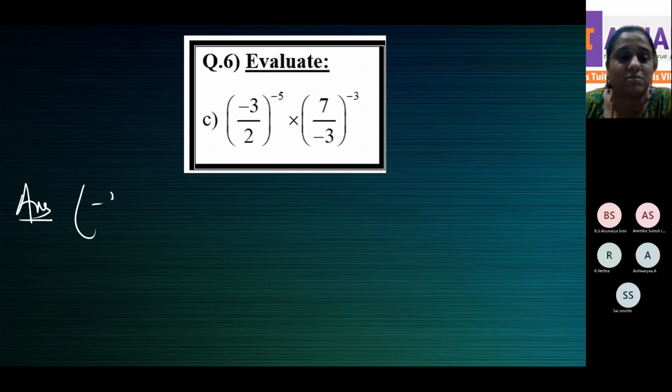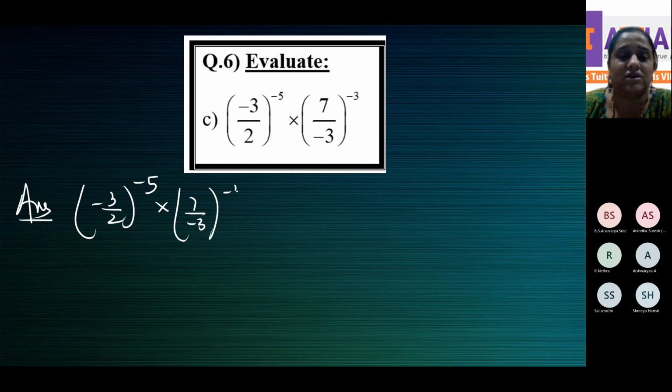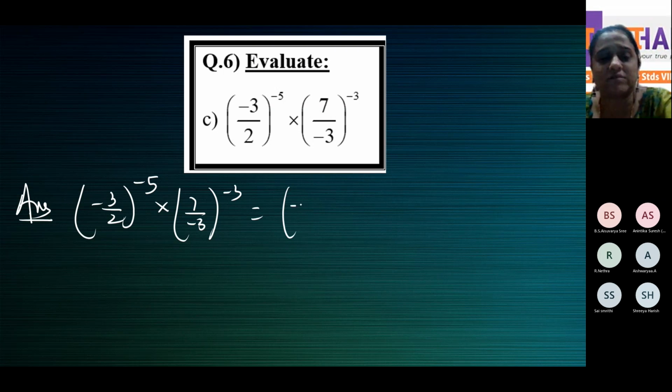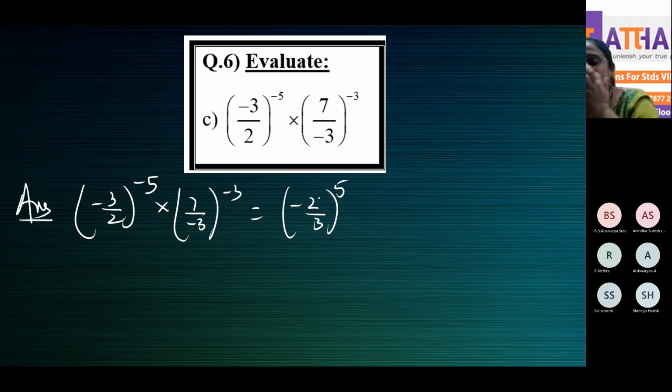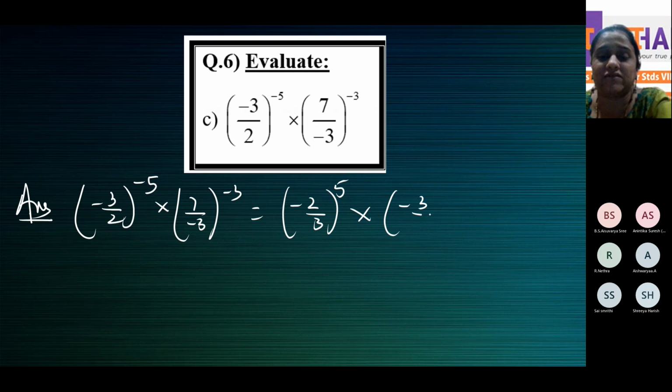So minus 3 by 2 to the power minus 5 into 7 by minus 3 to the power minus 3 is equal to, write the equivalent, minus 2 by 3 to the power 5, reciprocal of the base, negative of the power, into reciprocal of the base, minus 3 by 7, negative of the power, 3.